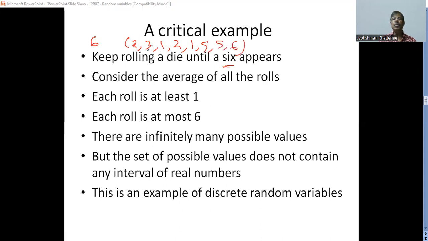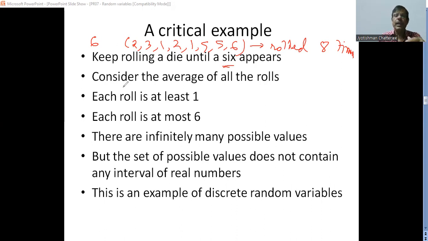Then you get 6. So you had to roll the die, in this case, 8 times. So number of rolls may be anything. You might have to roll even 100 times to get a 6, or maybe 1,000 times. Theoretically, it's possible.